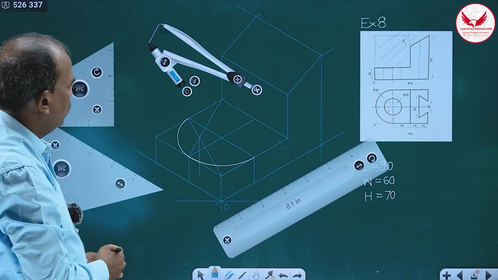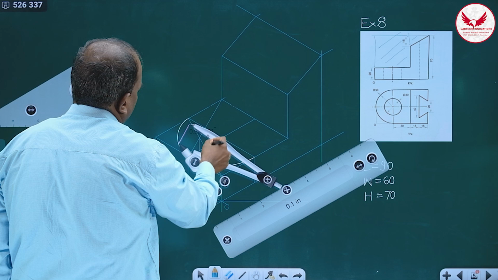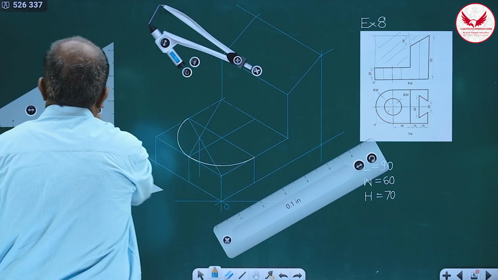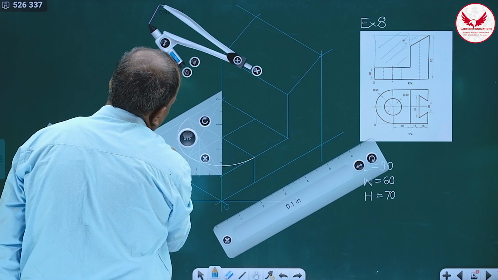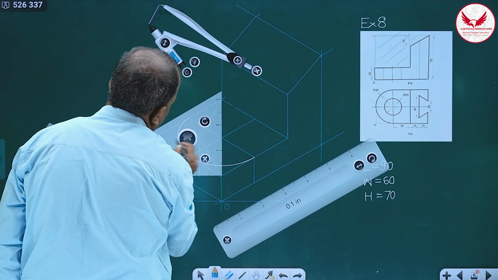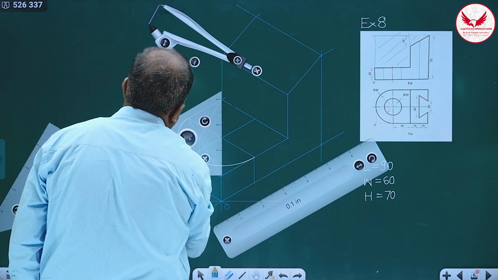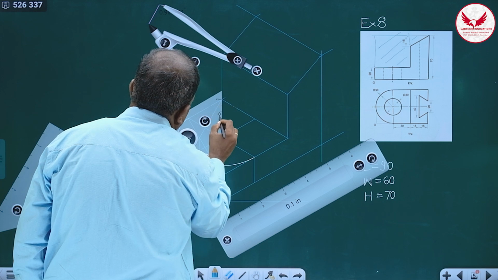Then what we have to do? Use the compass. First, again for this portion, the shifting of this center will also be by 20. Even though from this you can draw a line perfectly below it by 20.